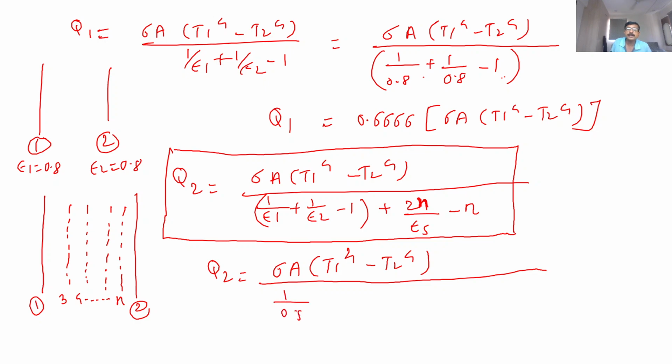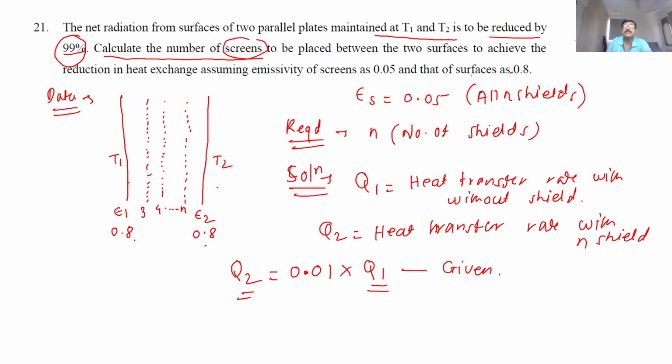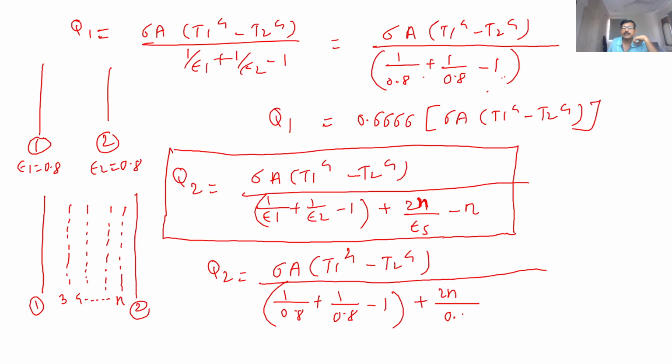Denominator: 1 by 0.8 plus 1 by 0.8 minus 1, same bracket, plus n times (2 by epsilon s minus 1). What is the emissivity of the shield? The emissivity of all the shields is given as 0.05.